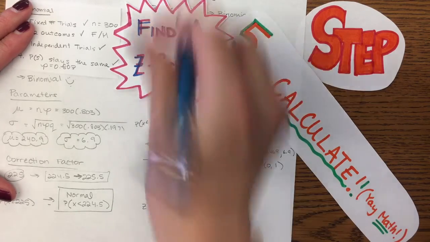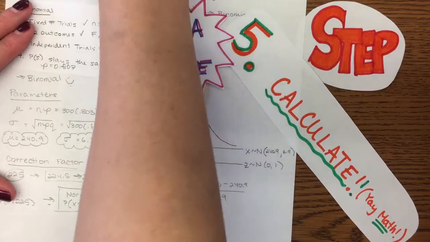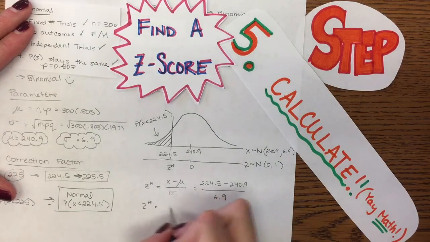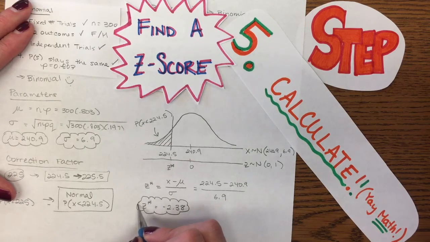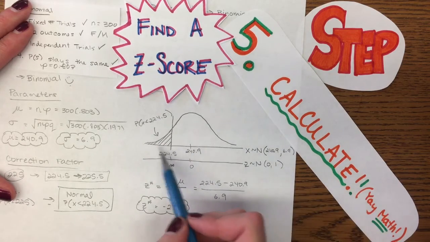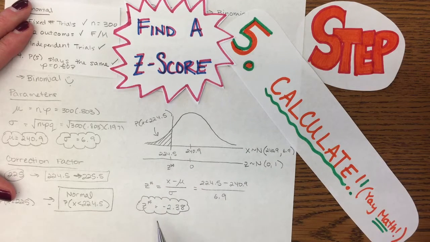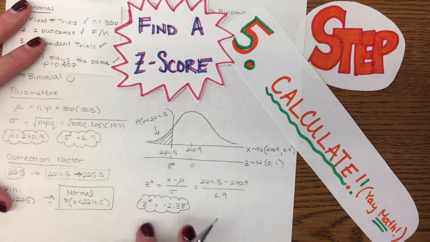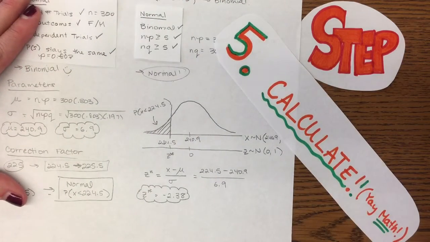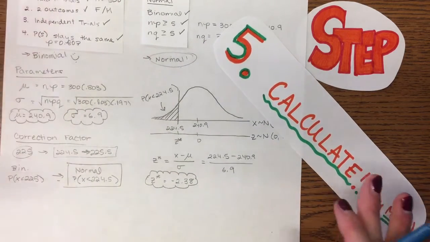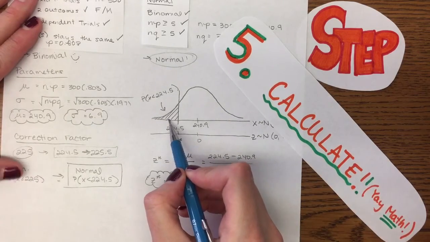If you go to your calculator, which I've already done, we find that this z-score value is negative 2.38. Remember, round your z-scores to 2 decimals. Areas, we want about 4 decimals. Z-scores, we want 2. So now that I have found my z-score, I need to find this area under the curve.